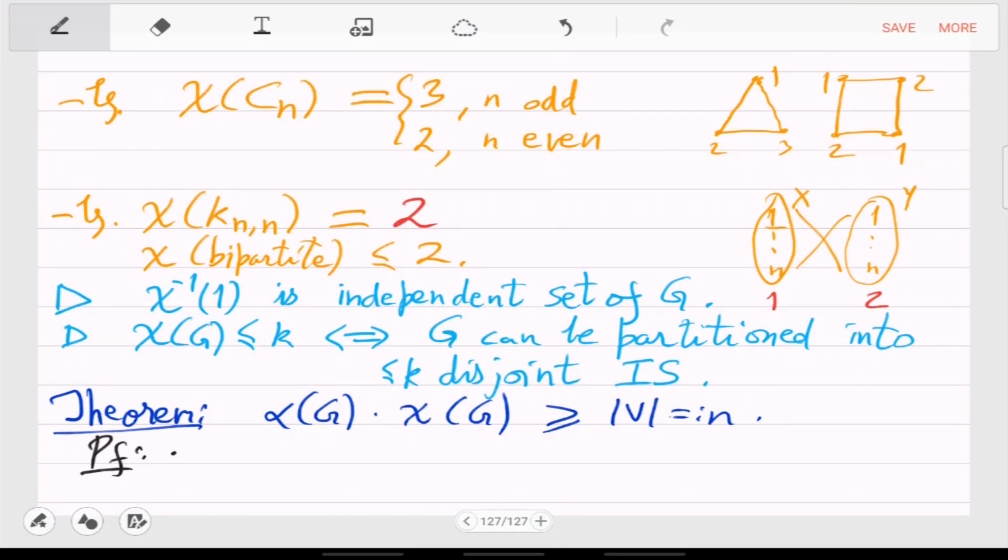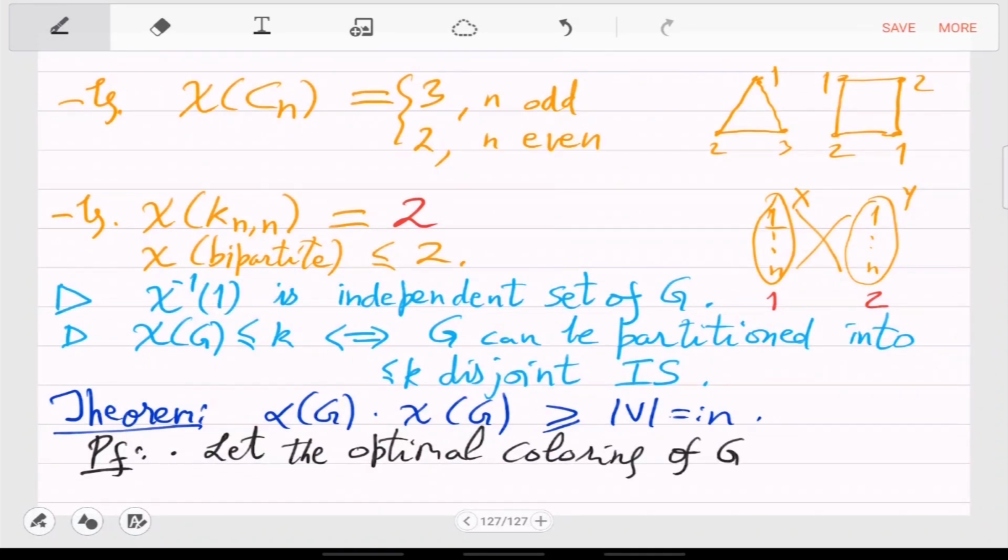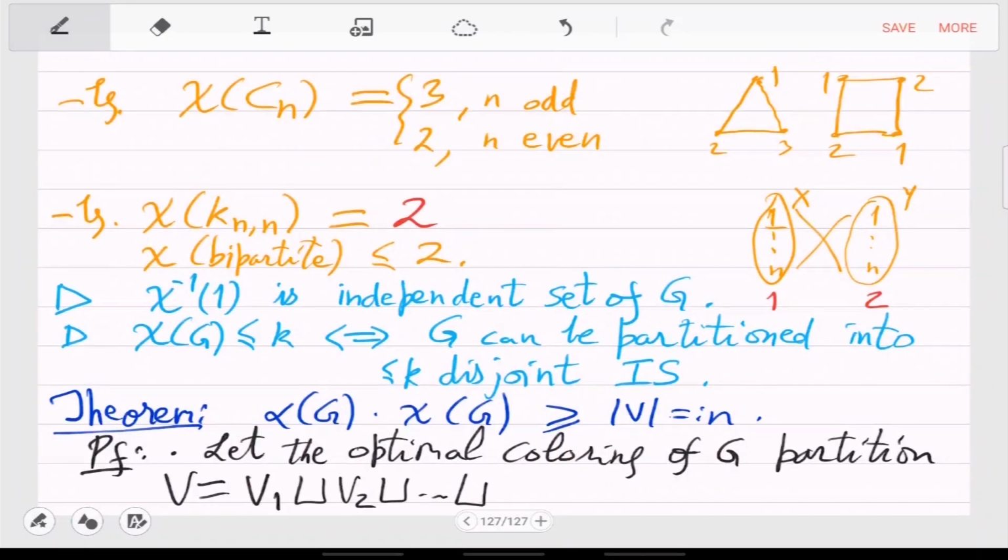So let the optimal coloring of G partition V into V1 disjoint union V2 disjoint union ... Vk, where k is the chromatic number.